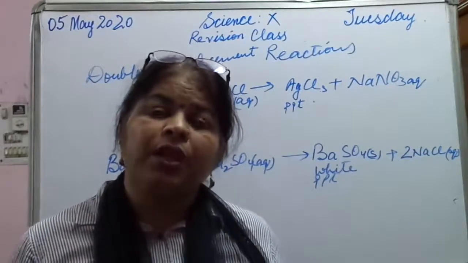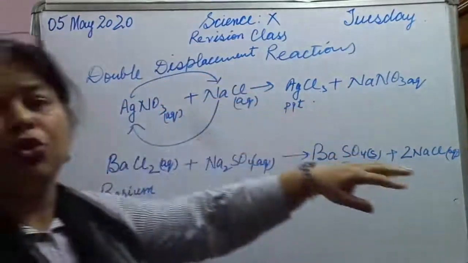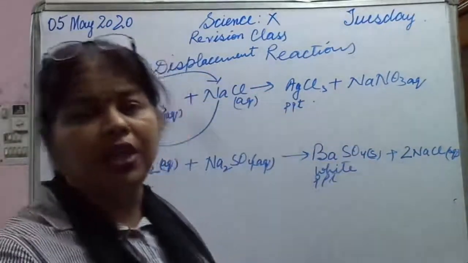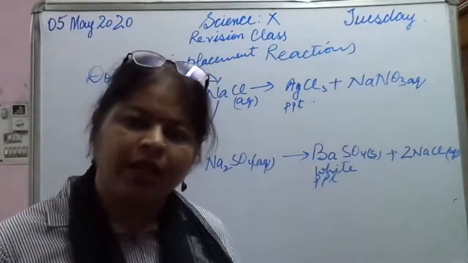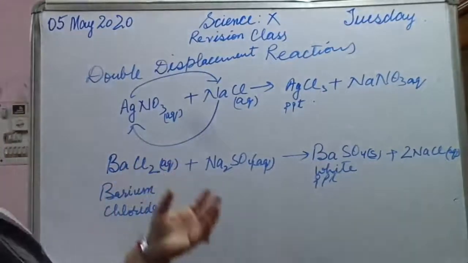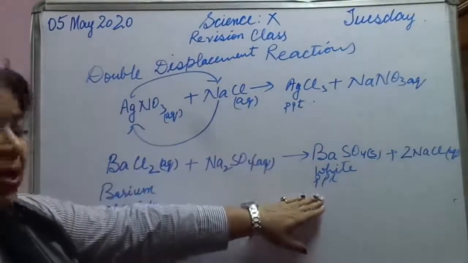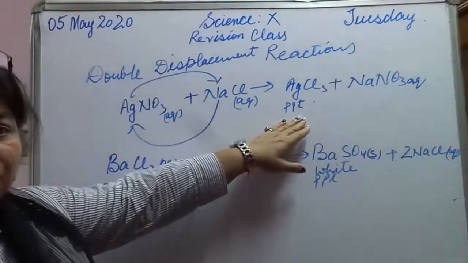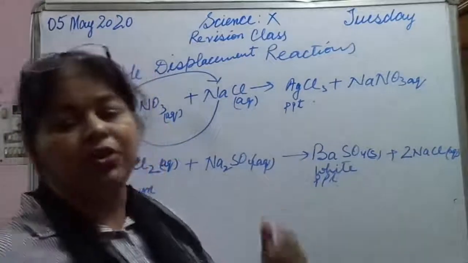Besides this, we also call them ion exchange reactions. Ion exchange reactions. They are also called precipitate reactions. Like the white precipitate formed here, a precipitate is formed, so it can be called a precipitation reaction.